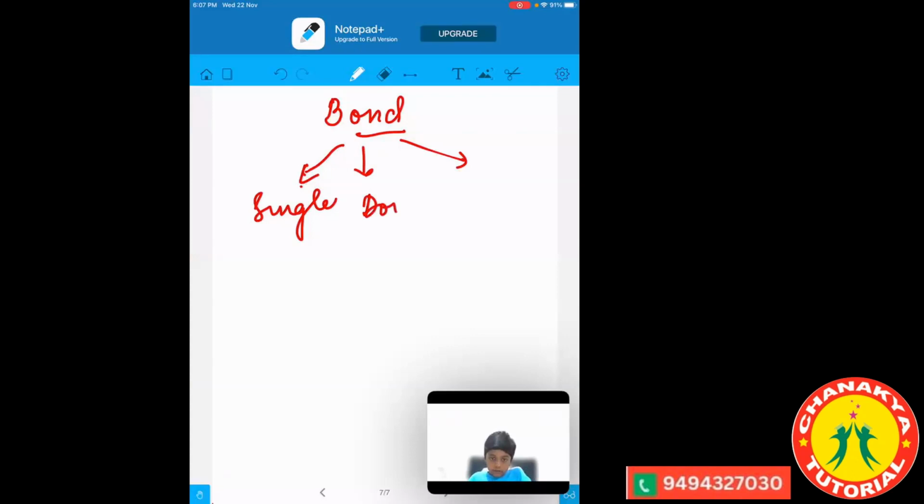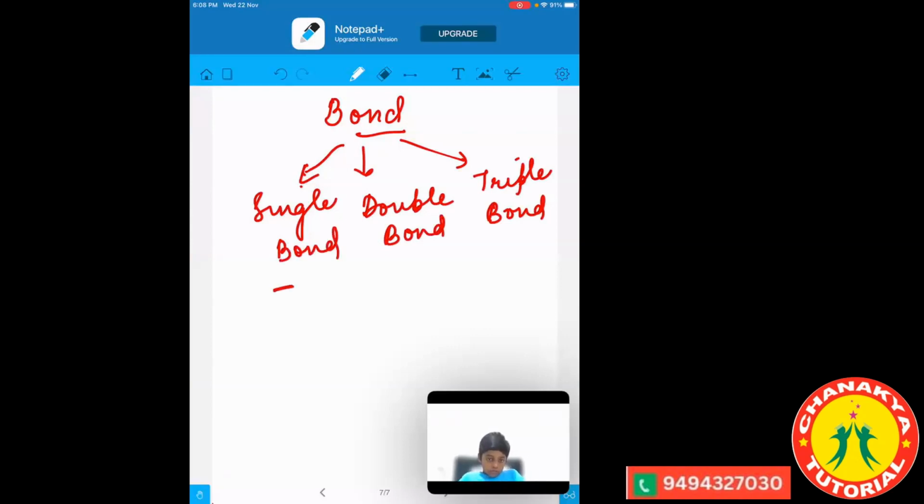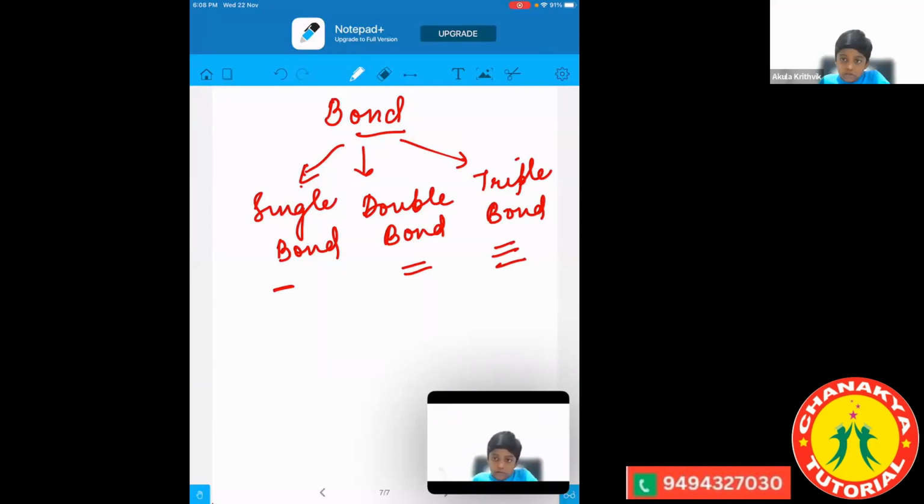We have the single bond, the double bond, and the triple bond. A single bond is drawn like this, a double bond has 2 lines, and a triple bond has 3. Now you tell me, out of these 3 bonds, which will be the strongest? Triple bond.